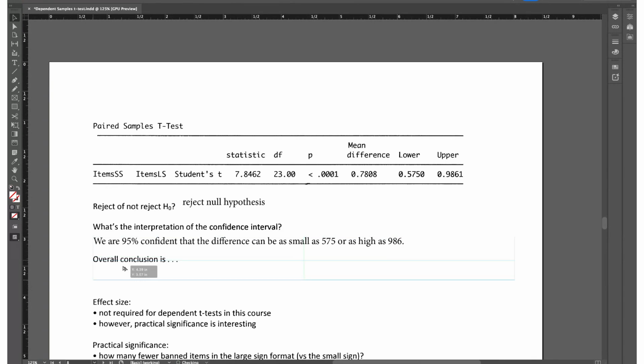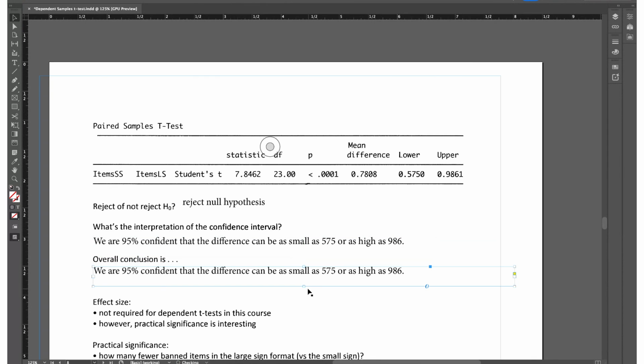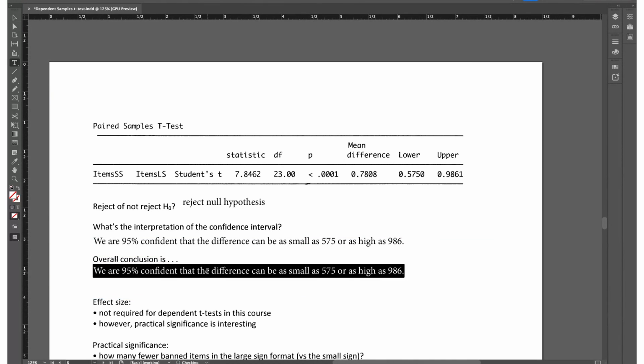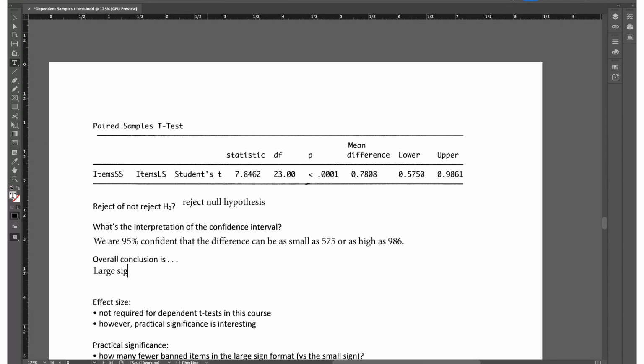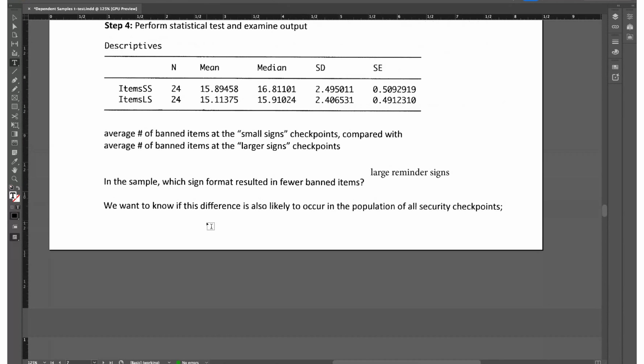Our overall conclusion based on this output, okay? Large sign. So remember, right, we rejected the null hypothesis. We're saying that there is a difference, or that it's not equal to 0. That's what I meant to say. The difference between the two. So because that was the case, we look at the means and say, okay, well, which one is higher, which one is lower?